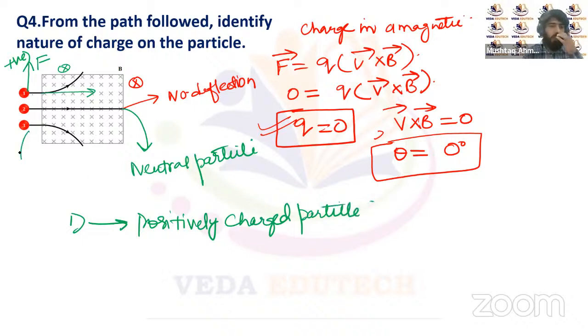And talking about the third particle, according to V cross B, the direction of the force for a positive charge should be along this direction. But the force on this particle is along the other direction, because of the nature of its path.